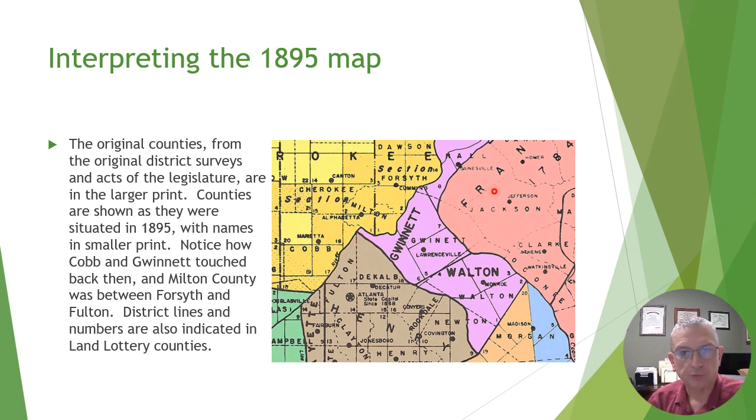You'll see here the original county names, like you see Franklin, 1784. It was a headright area. It was east of the Oconee River. Oconee River being the boundary between the parts that were granted by headrights and the parts that were later divided into land lots. So you can also see the district numbers.